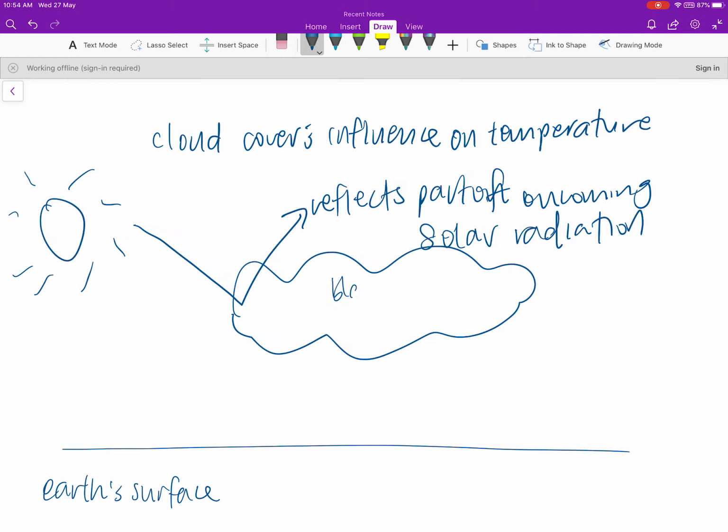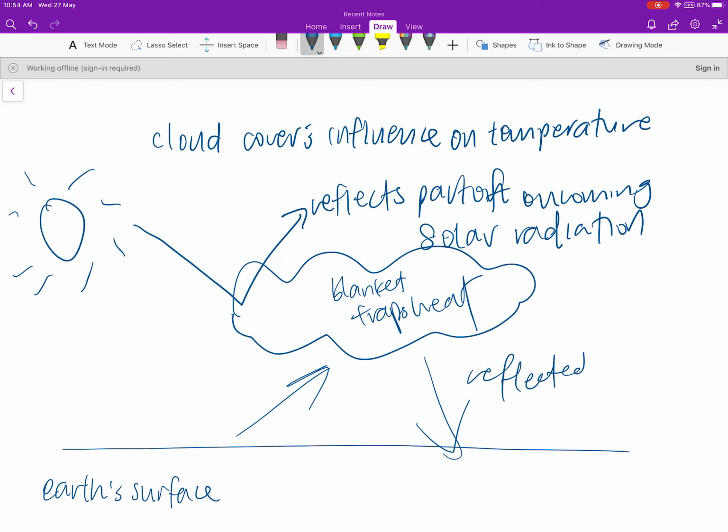So it's kind of like a blanket that traps heat. The clouds. And then heat from the Earth's surface, which is this line here, goes up and then is reflected back on the ground.